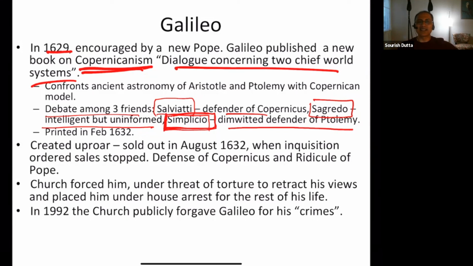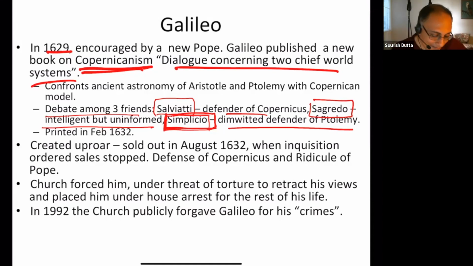And so naturally, it was hilarious. Once the Catholic Church realized that this book was so popular, and that Galileo had actually made the Pope look like a complete idiot, they were furious, as you can imagine.